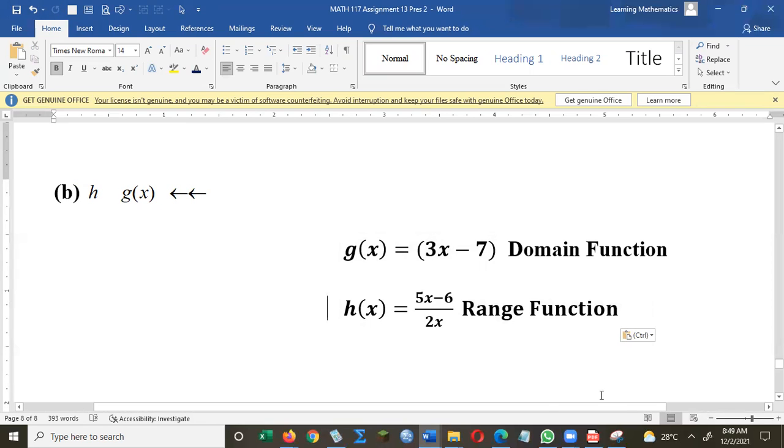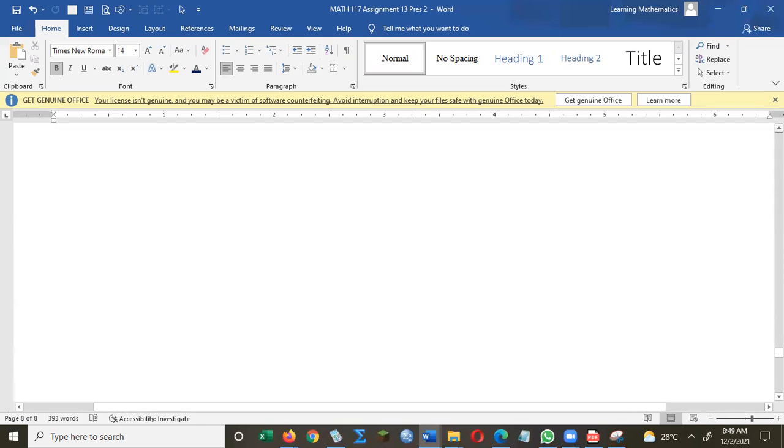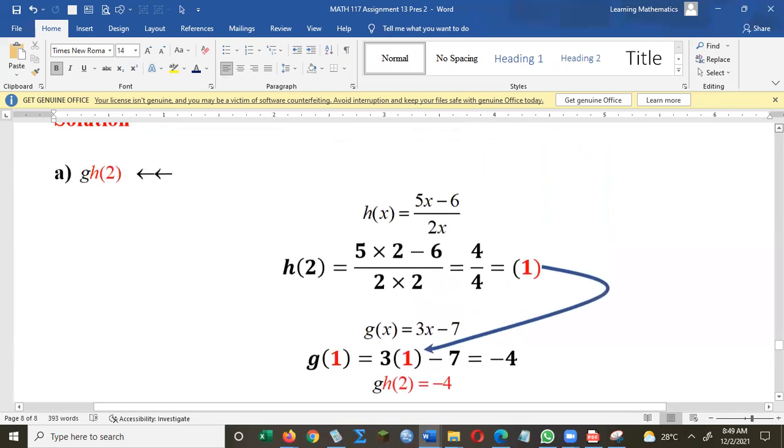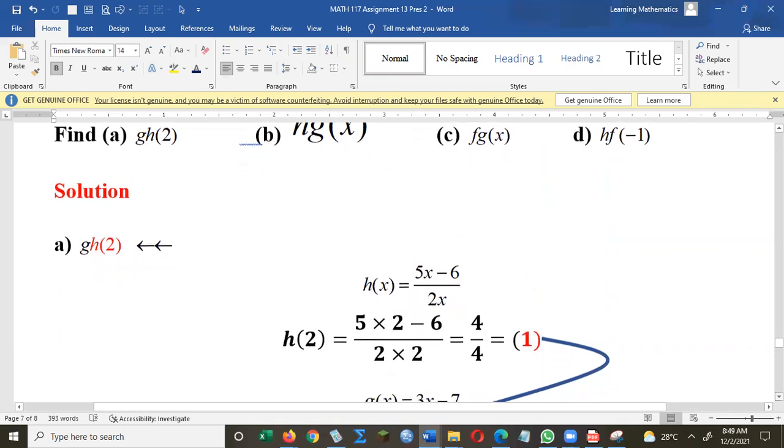If he's asking for our range function for A, what is our range function? I never said we use H for our range function, never.